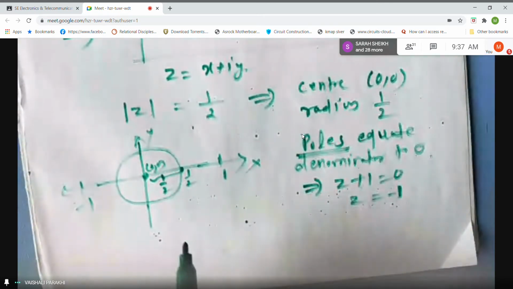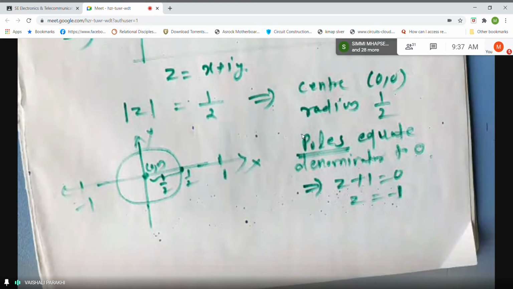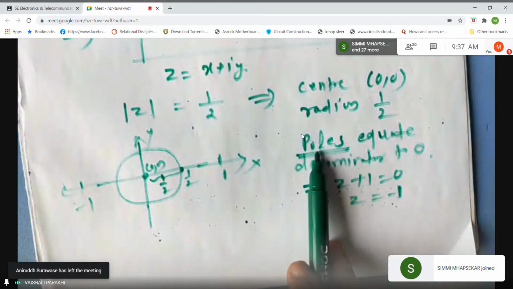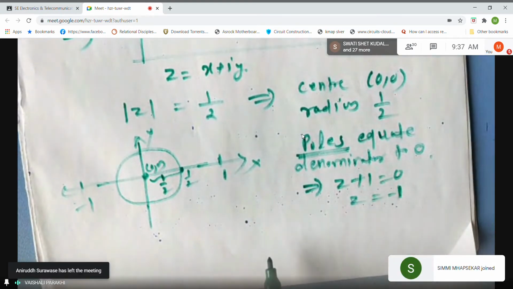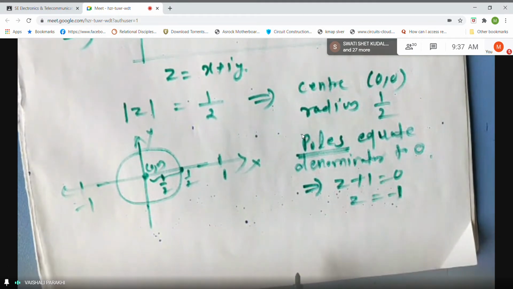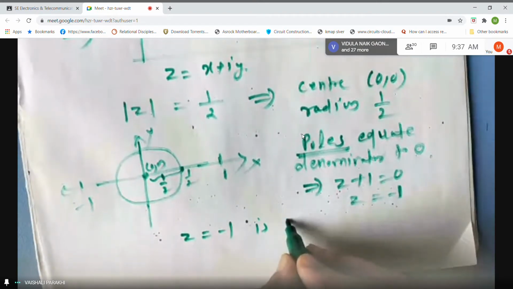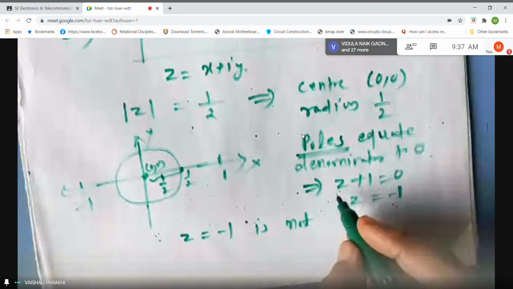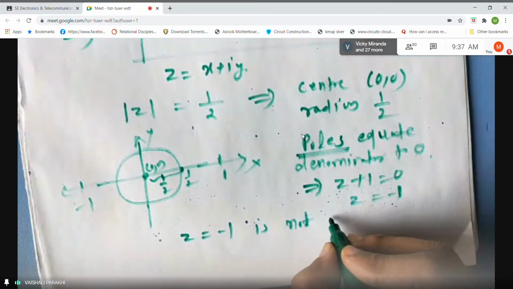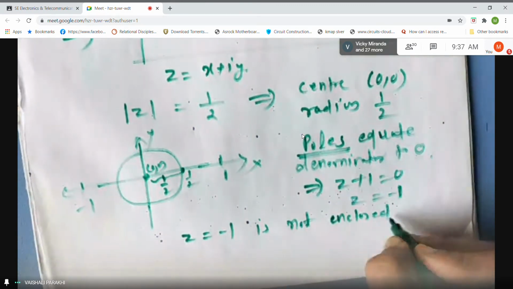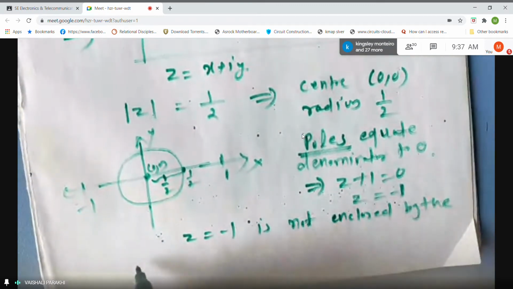How do we find those singular points? Singular points means poles. We equate the denominator to 0. So what we can say? Z is equal to minus 1 is not enclosed by the given circle.